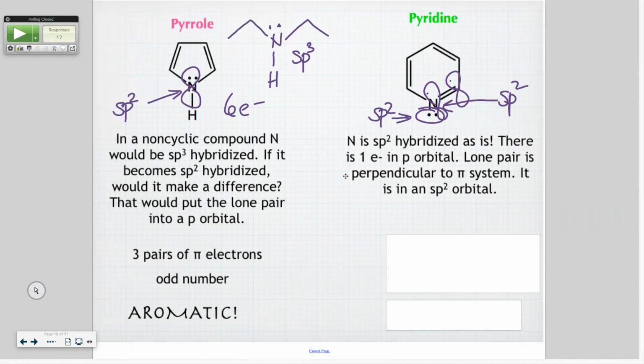There is 1 electron in the p orbital. The lone pair is perpendicular to the pi system. It is in an sp2 orbital, sticking out over here. So we're not going to count it. So how many electrons do we have? 6, which is how many pairs? 3. So is this aromatic?